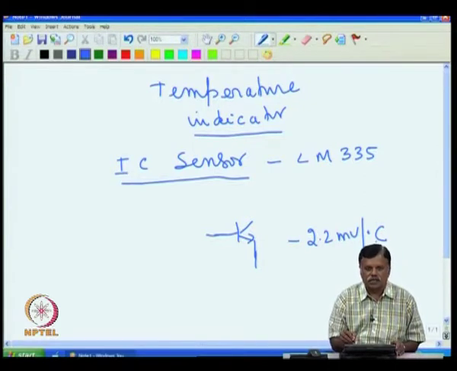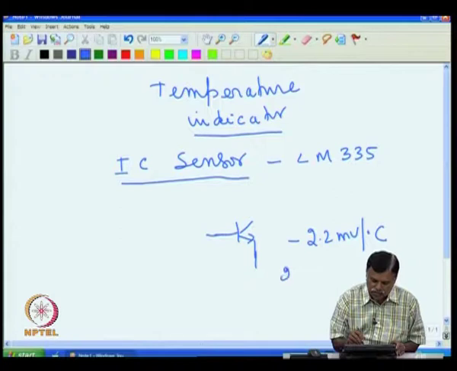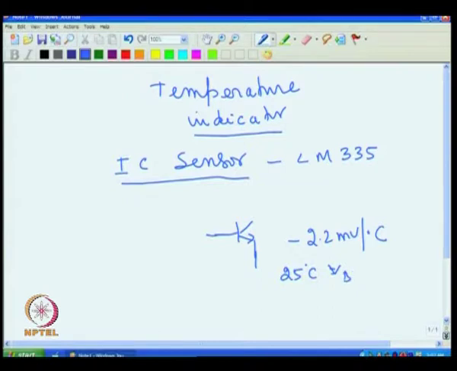In the sense, if at 25 degree C the VBE is equal to 0.6 volt, then at say 35 degree C, 10 degrees above, the VBE will come down by 10 times 2.2 millivolt, that is 22 millivolt.